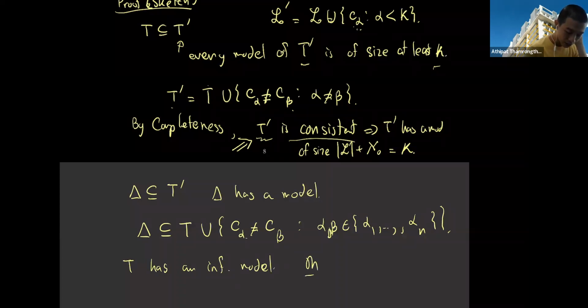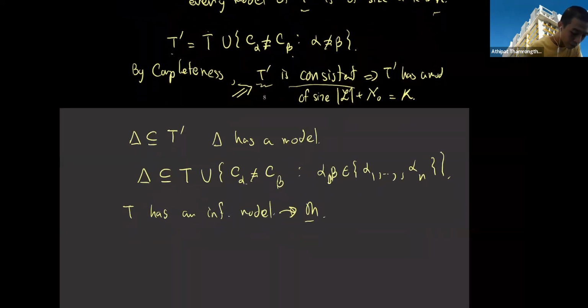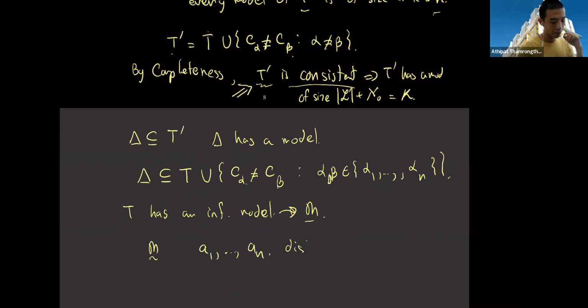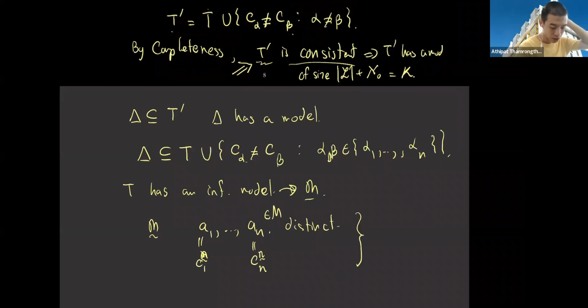Let's say that is the structure M. Since M is an infinite model, you can pick distinct a_1 up to a_n, distinct objects in M. We let the interpretation of c_1 be this element, and define the interpretations of c_1 up to c_n in our new structure to be these. This shows that the new structure we construct is a model of delta.